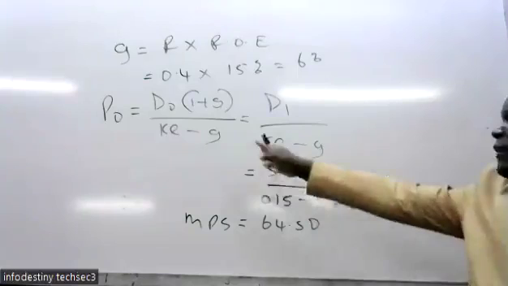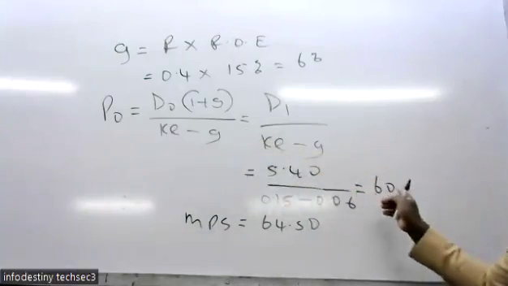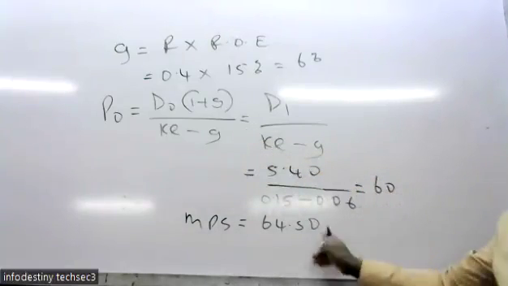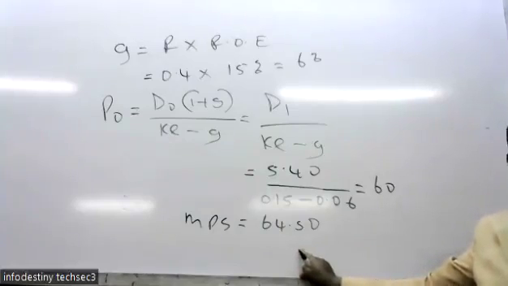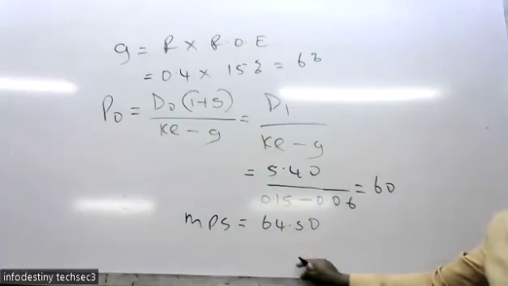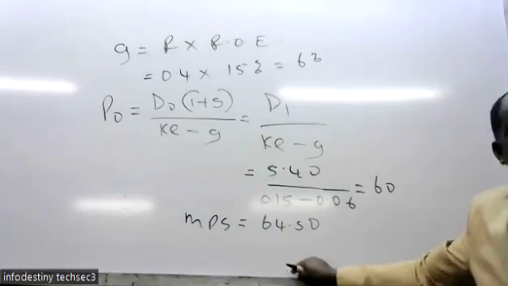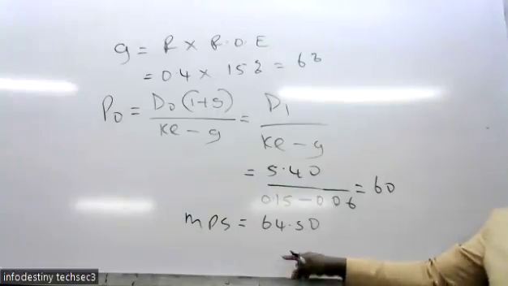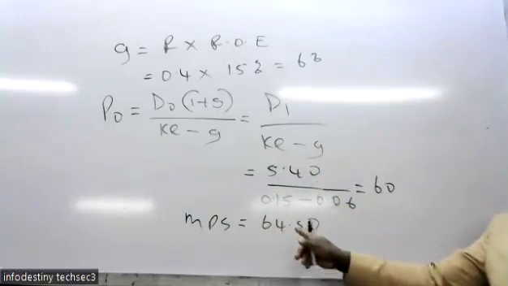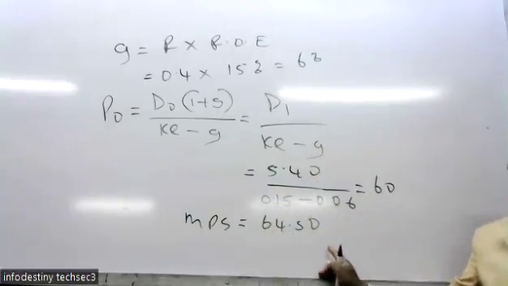So in this one, the market price of the security is 64.5. But the theoretical value is what we have calculated. It is how much? It is 60. So this security is overvalued by the market forces, because the market has quoted 64.5 but the theoretical value is 60.